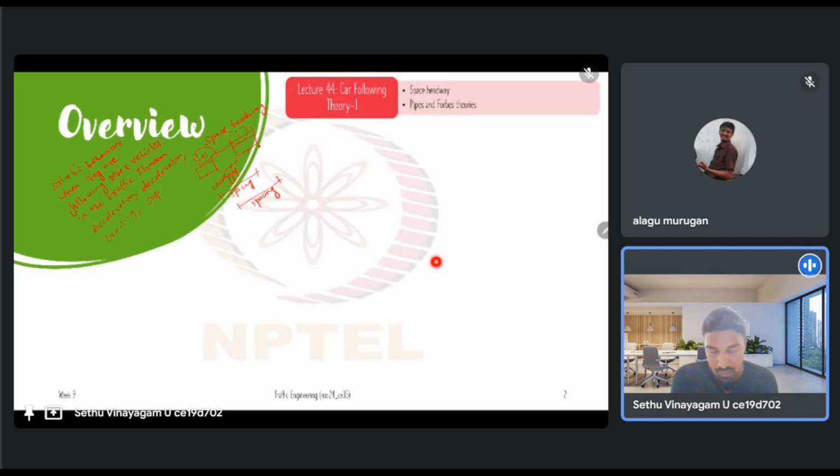When they are very close and vehicle I suddenly applies brake, vehicle I plus one will also react to it quickly, right? Whereas if the gap is very large, even if vehicle I slows down, vehicle I plus one need not or may not slow down quickly or slow down too much, right? So the space headway is important because the sensitivity of the driver's reaction is also dependent on it.